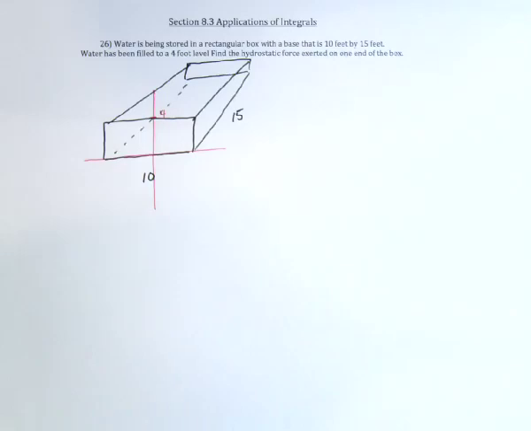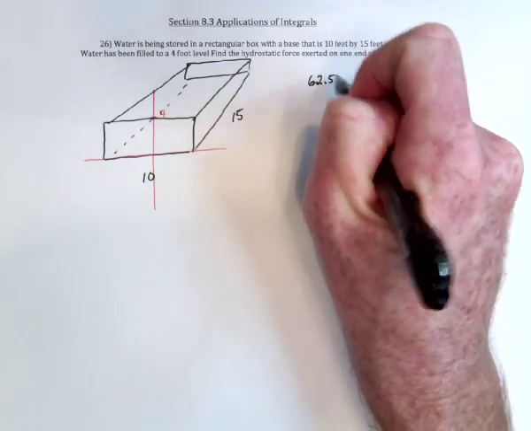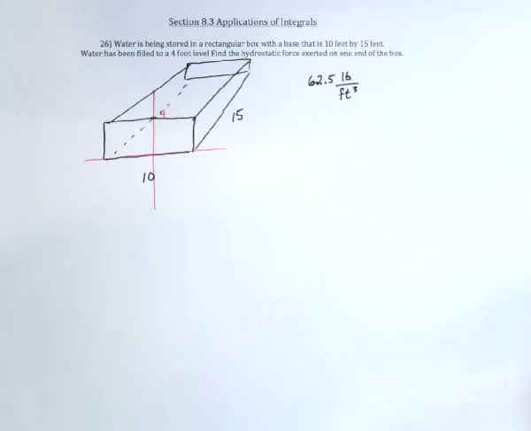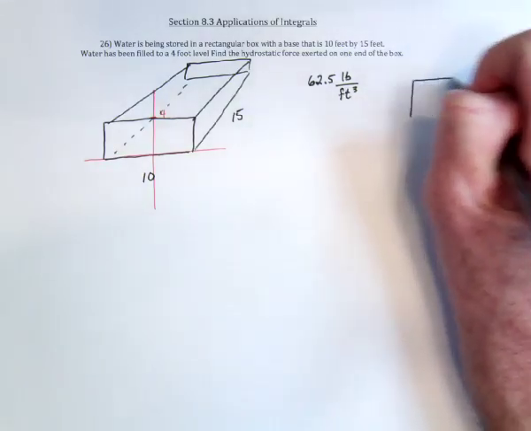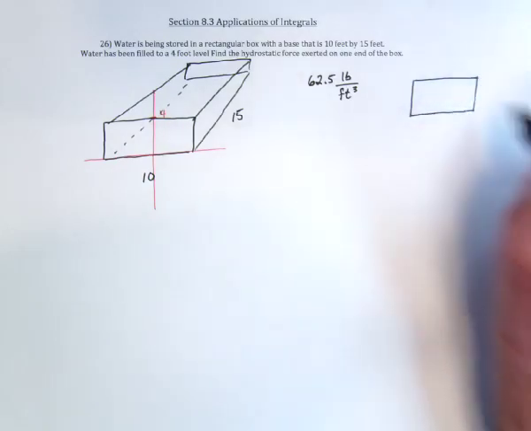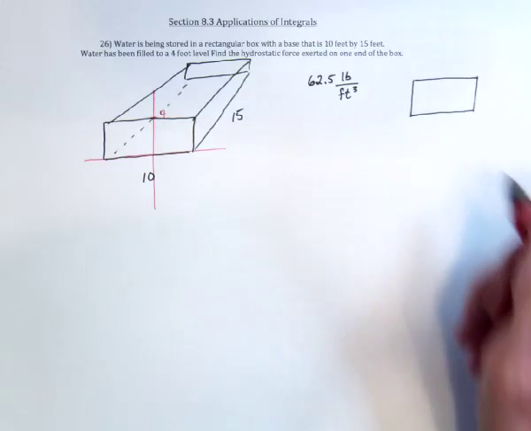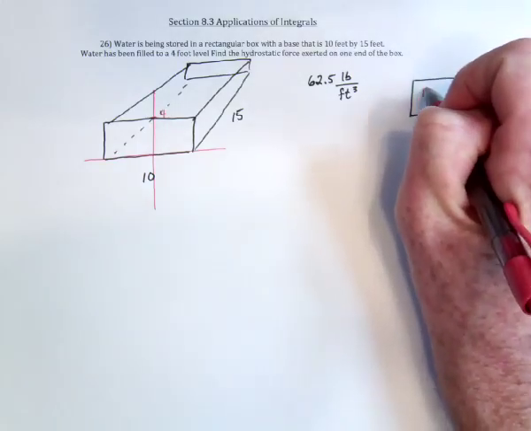Now the idea is water weighs 62.5 pounds for every cubic foot. So if you have the face of the box like this, and you say, well, what I'll do is I'll take let's say a 1 foot by 1 foot square.